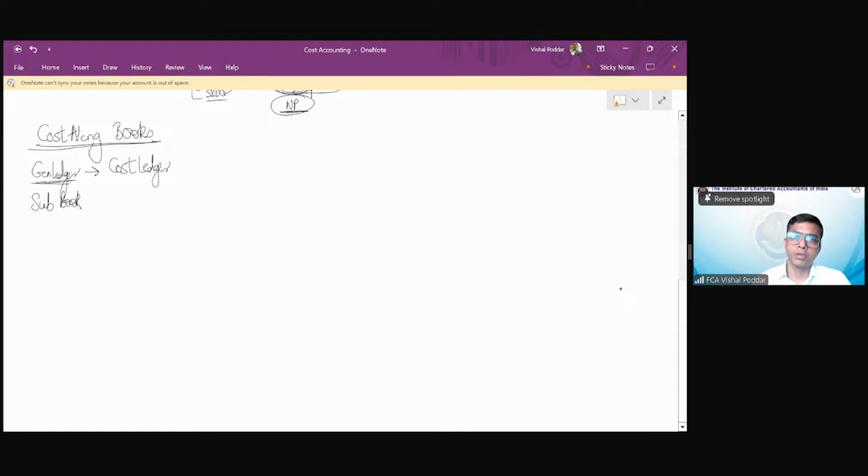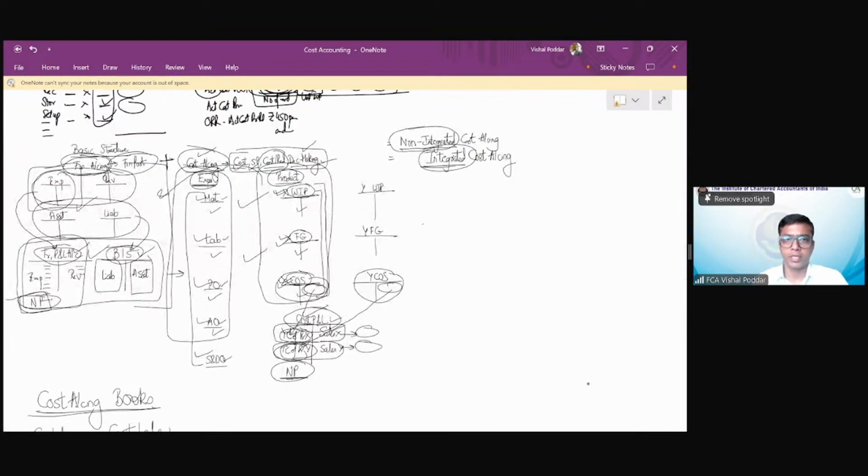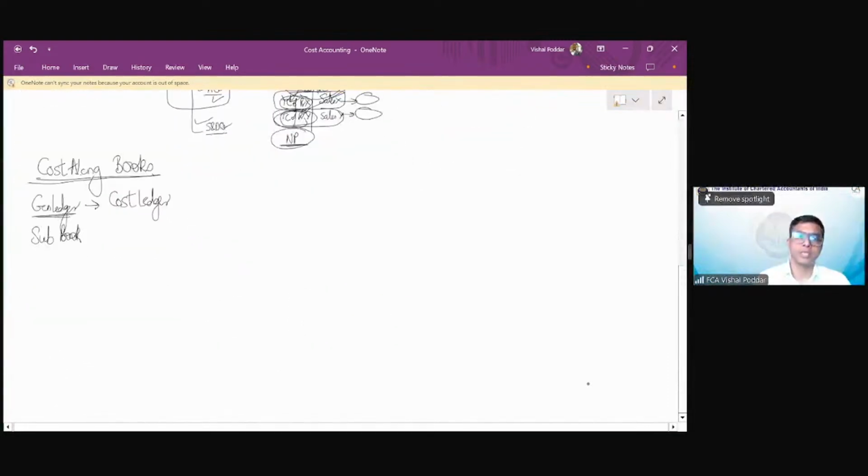Like how you have a general ledger in which all the ledger accounts are prepared, here also we have the general ledger called the cost ledger in which all these accounts are prepared. So all these accounts that you have seen are prepared in your cost ledger.